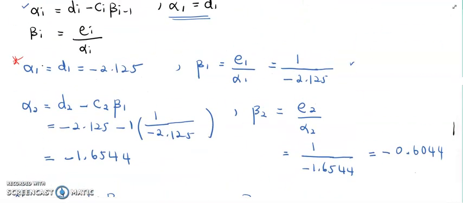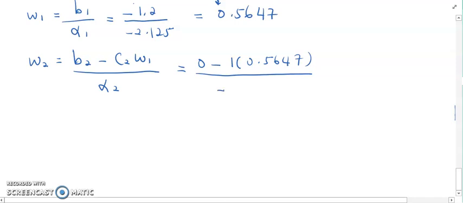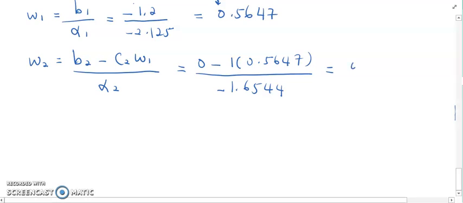Alpha 2 is negative 1.6544. So the W2 value is 0.3413.